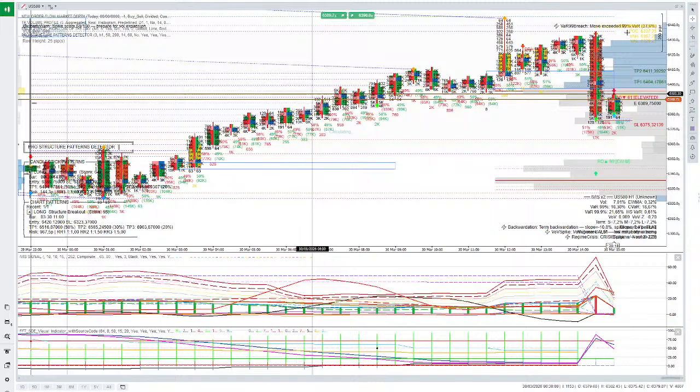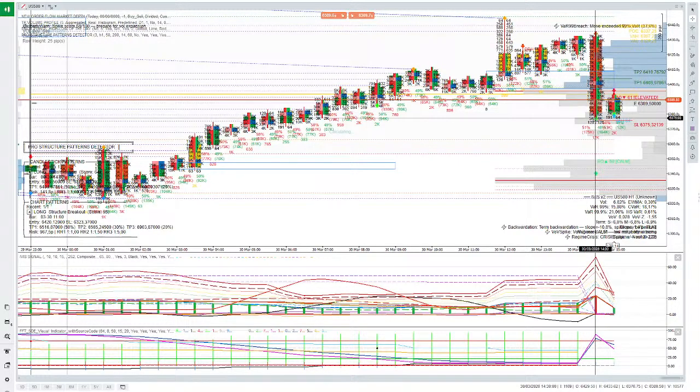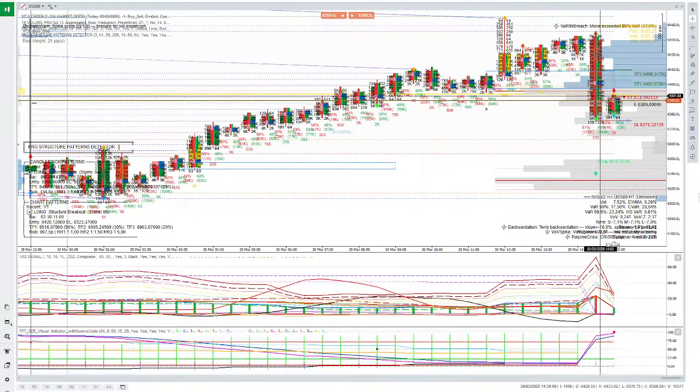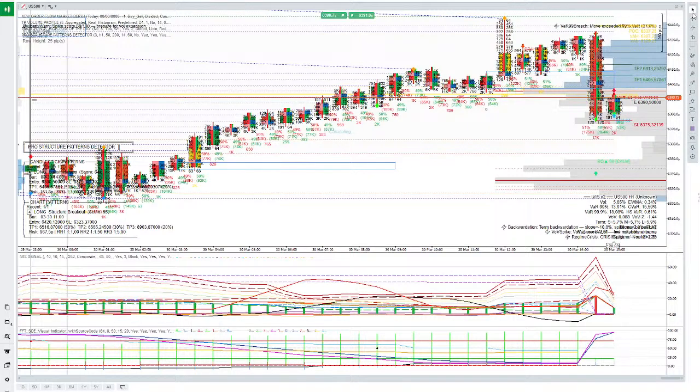If we break down here, we have these huge flows of selling, and now it's getting back up to the point of control, but I think it's going to be punched back straight in the face, knockout.